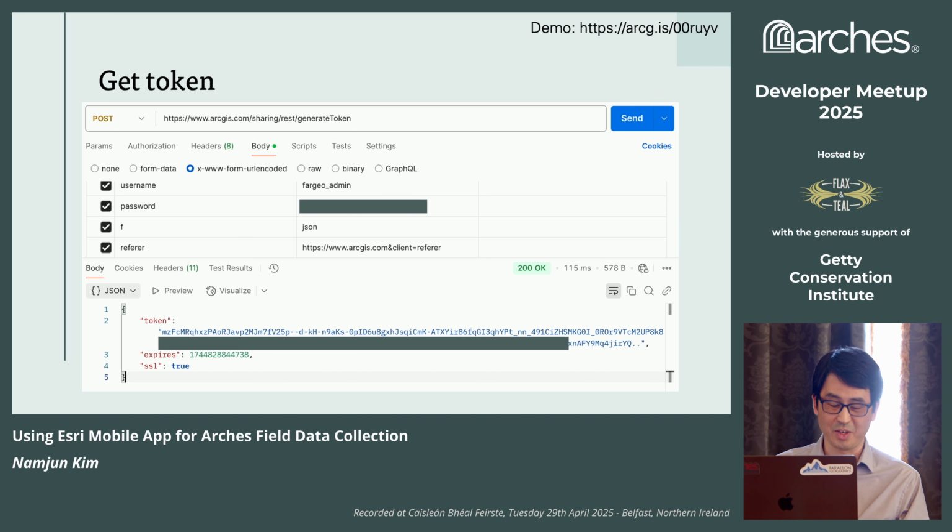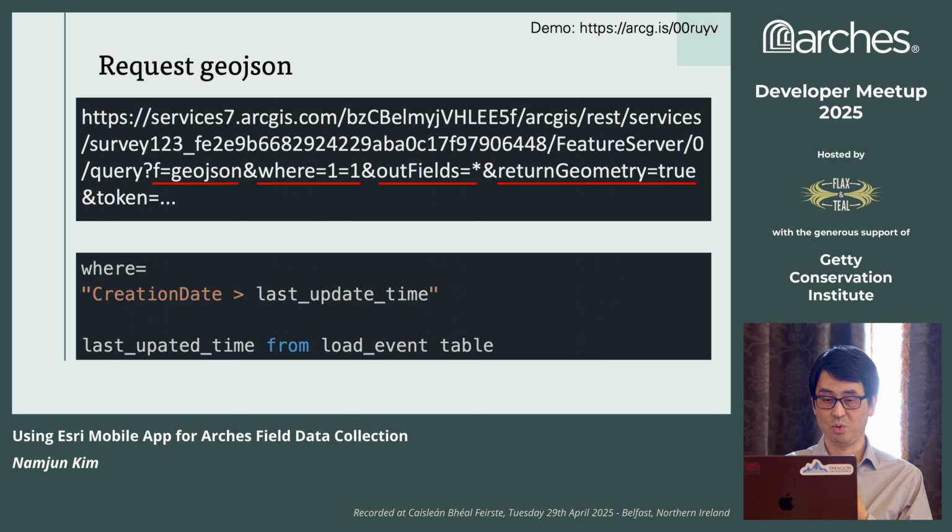The first thing you need to do is get the access token. Depending on the server, you will have something like this, the ArcGIS generate token endpoint. You hit the endpoint with the credentials, and you get the token. It's at the bottom there. You can then use that token for the subsequent requests.